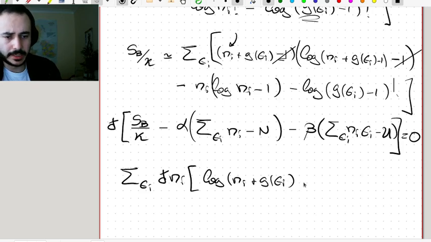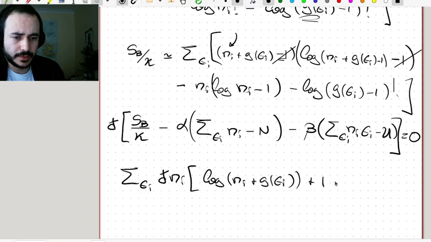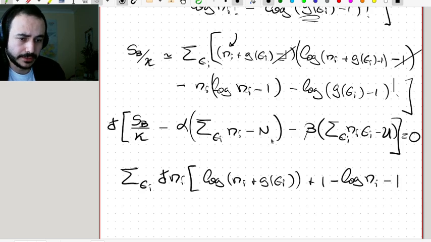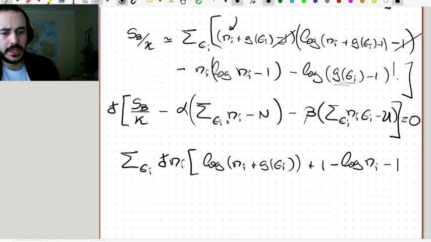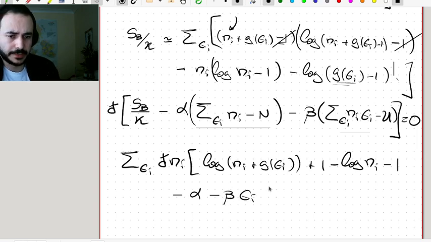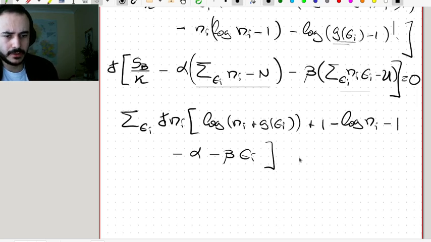You can keep it like in the lecture notes and throw it away in the end, but it doesn't make any difference. The second thing would be just 1 plus 1 here. Then from the next term you get, as usual, minus the logarithm of n_i minus 1. From the last term you get nothing because it doesn't depend on n, just on the fixed degeneracies. And then from the constraints you get the usual contribution, minus alpha and minus beta times epsilon_i. Okay, so the whole thing has to be equal to 0.